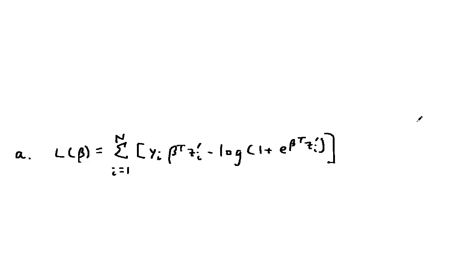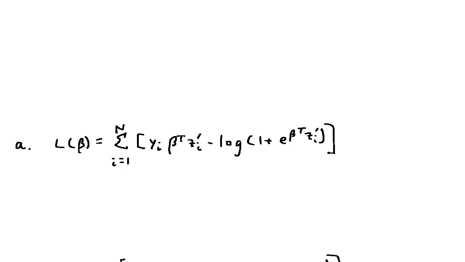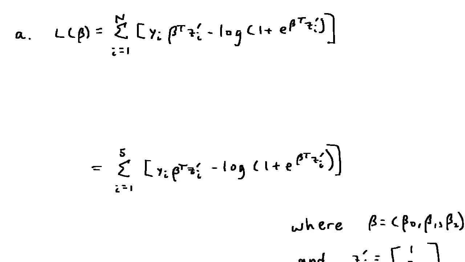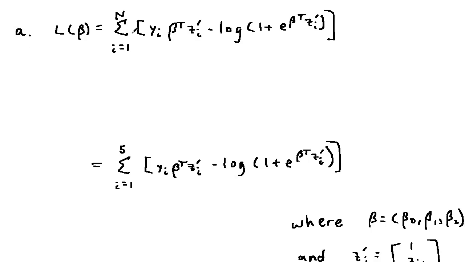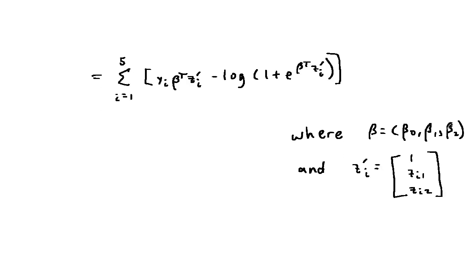Okay, so for part A, the log likelihood function L of beta is given by this. And we have 5 data points, so big N is 5. And beta is beta 0, beta 1, beta 2.